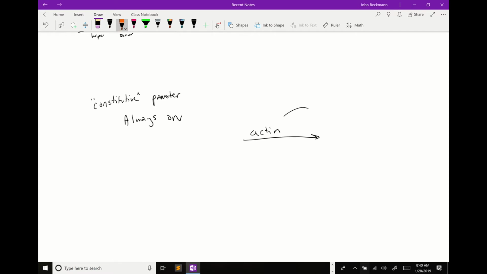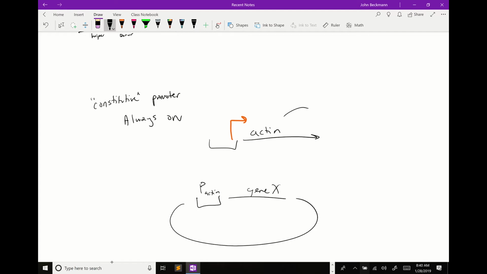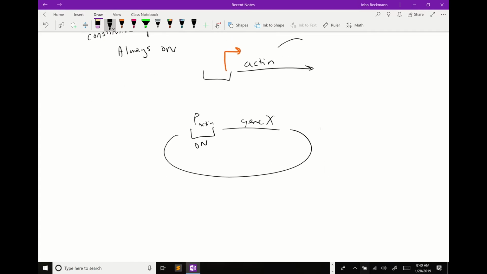So people will take the actin promoter, and they will clone the actin promoter in front of gene X, and then it's constitutively on. There's no regulation. It's just always on, full blast. So you use that when you're trying to use the cell to make a product.